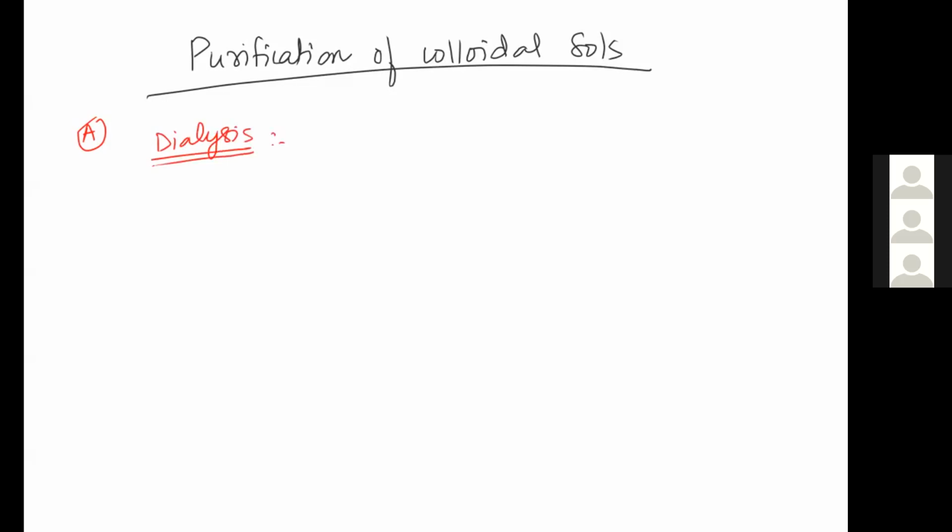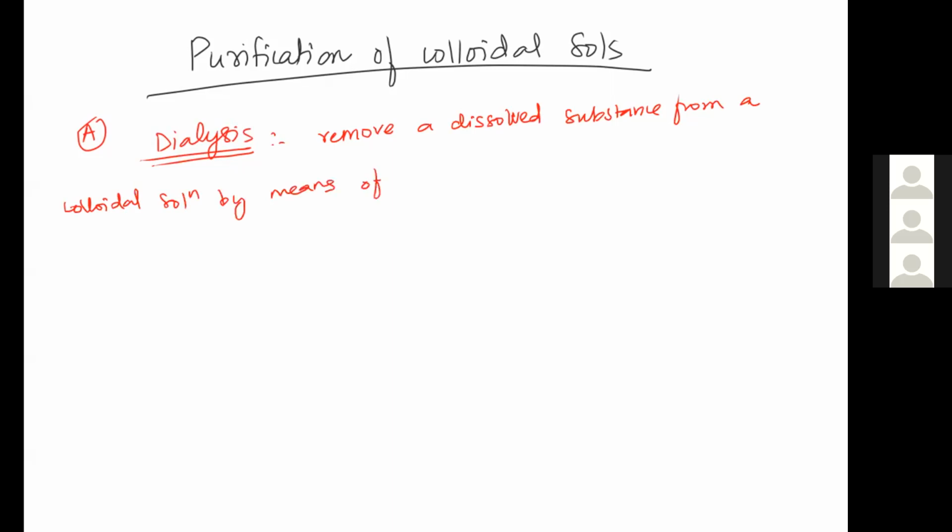What is this? We remove a dissolved substance from a colloidal solution by means of diffusion through a suitable semi-permeable membrane.